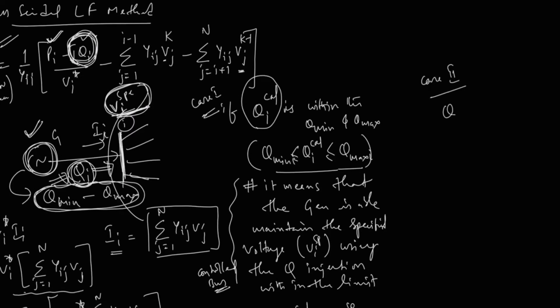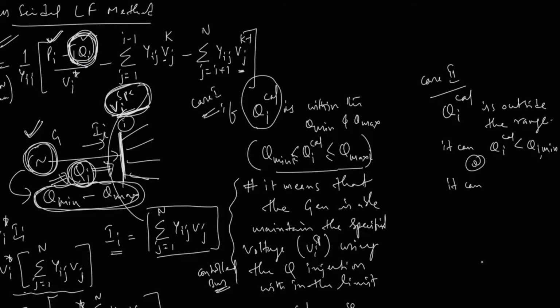what is happening? If this Qi calculated is outside the range, which means it can be that Qi calculated is less than Qi minimum, or Qi maximum is less than Qi calculated, that is, Qi calculated is greater than Qi maximum.